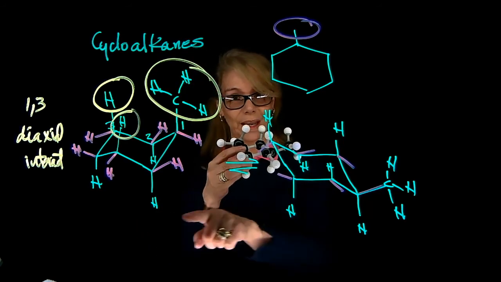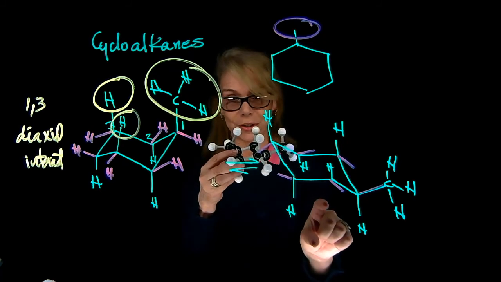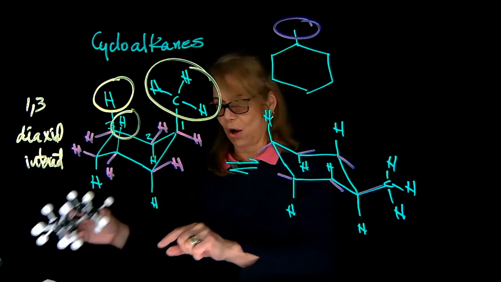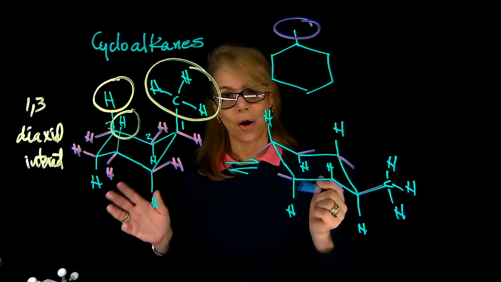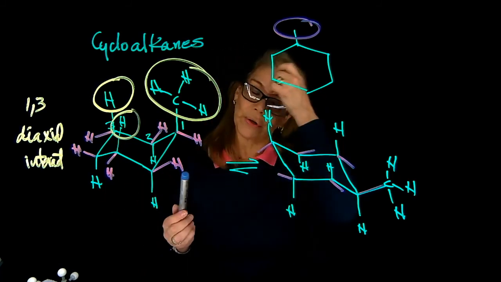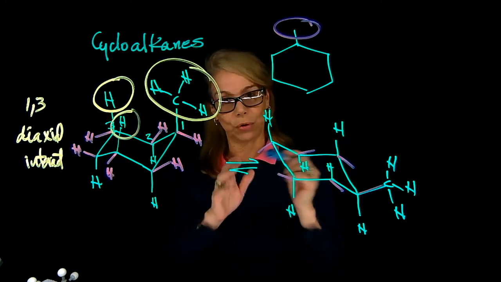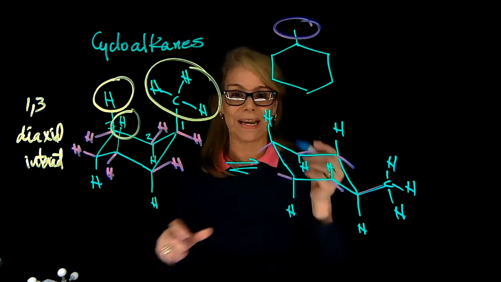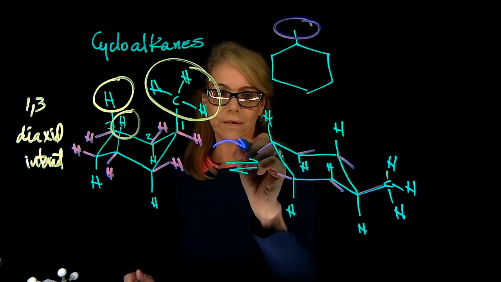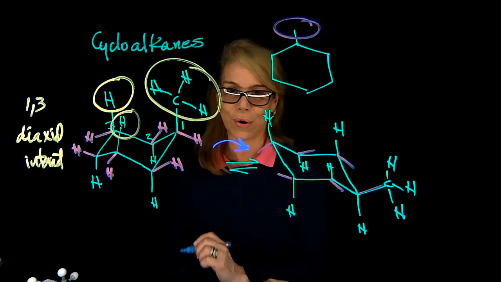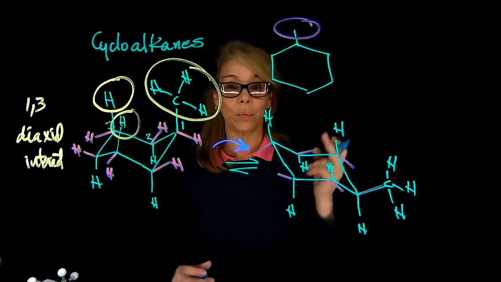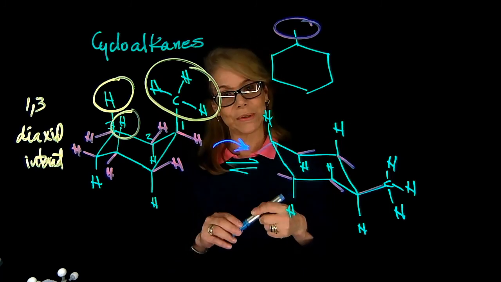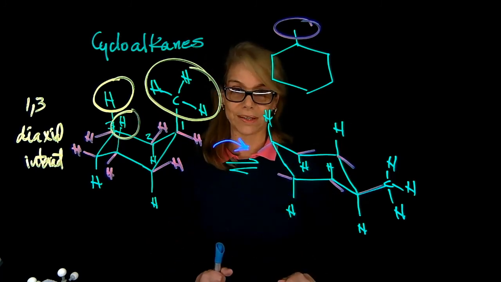So in the equilibrium, there will be more molecules like this with the substituent equatorial. And so as a conclusion, when we have monosubstituted cycloalkanes, most molecules will have that substituent in the equatorial position. So the equilibrium is shifted to that side. We're going to do now conformational analysis with more than one substituent, predicting which conformer is more stable.